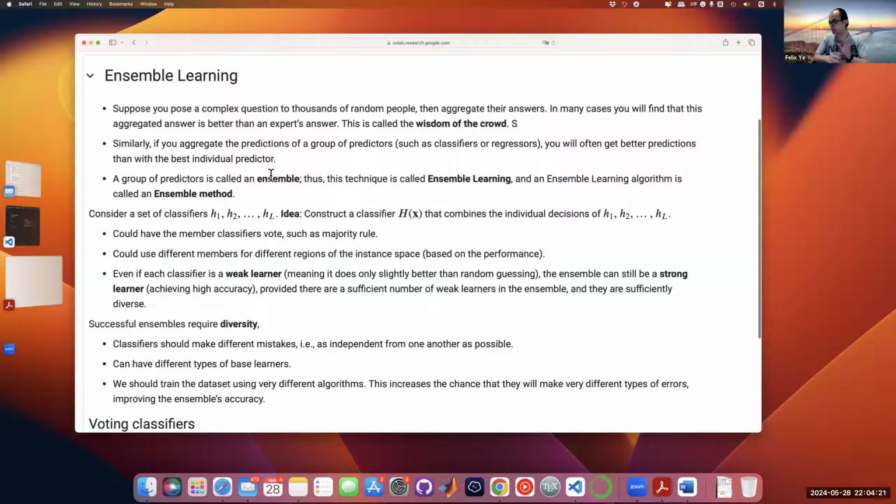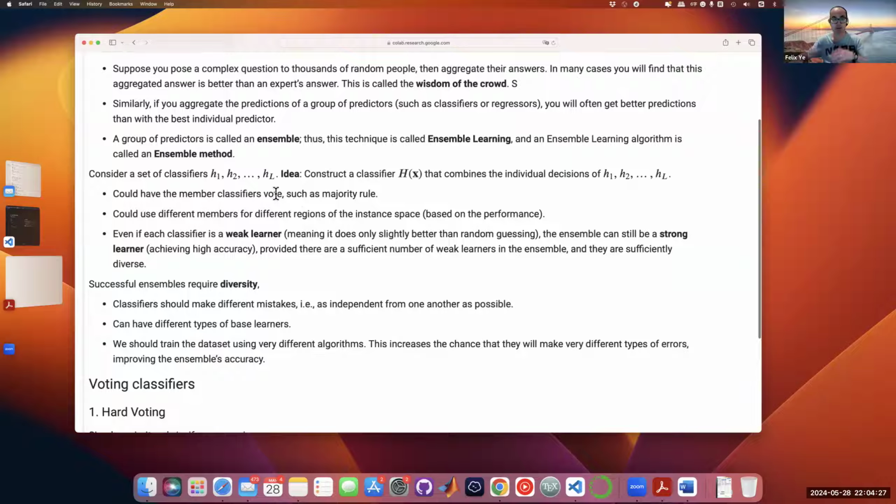Let's define these things in a more precise way. Consider L different classifiers, H1, H2 to HL.